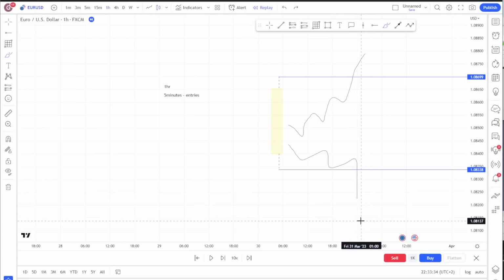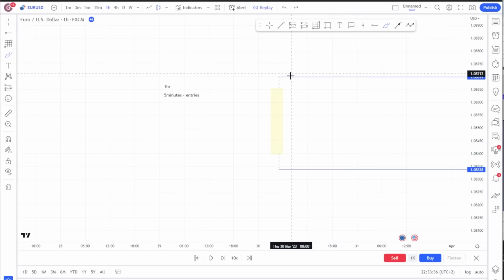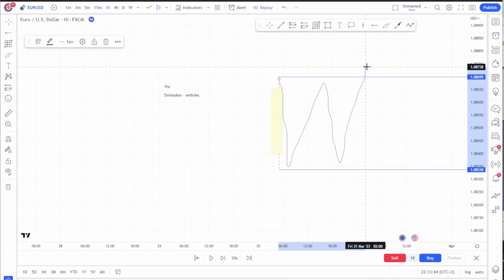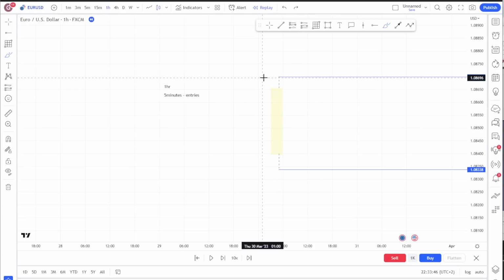Now you have to remember that the logic behind this strategy is quite simple. On the lower time frames, this is a range. Okay, this is a range on the lower time frame, and retail traders are looking to enter on the break of the highs.